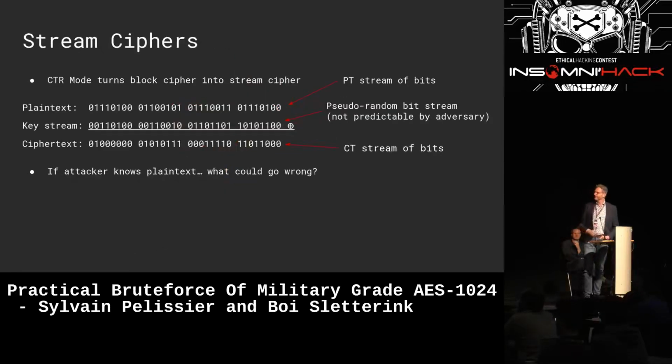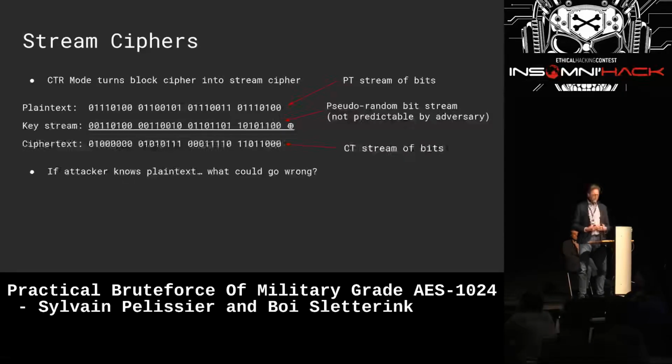So now I'm going to explain a bit about the ciphertext malleability issue. And to do so, I first want to explain to you a bit about how stream ciphers work. I'm assuming not everyone knows how this stuff works. So basically, you can divide ciphers in two types, block ciphers and stream ciphers, and AES is a block cipher.